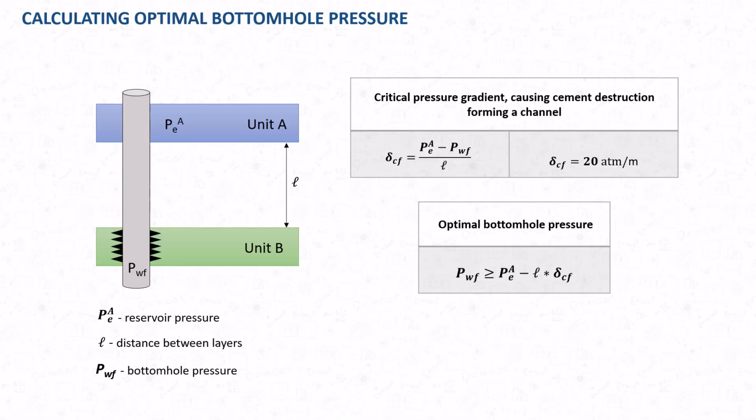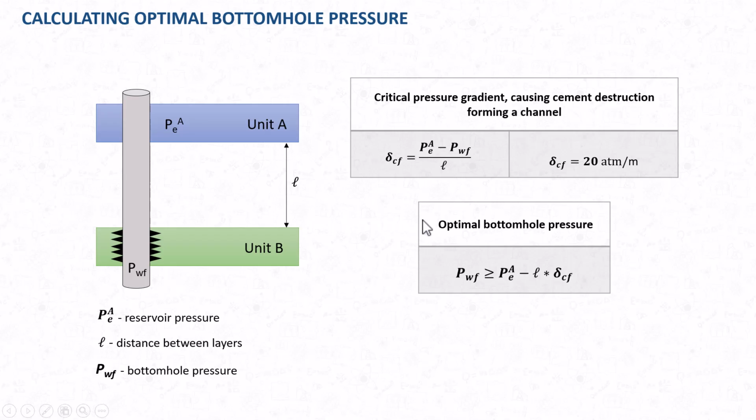So here's the model of this effect in the PetroCup simulator. We have a value of the critical gradient, which will create the channel in the cement. The value is given for each asset. It's different and can be seen in the data room.